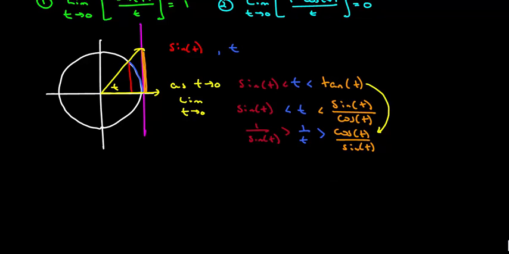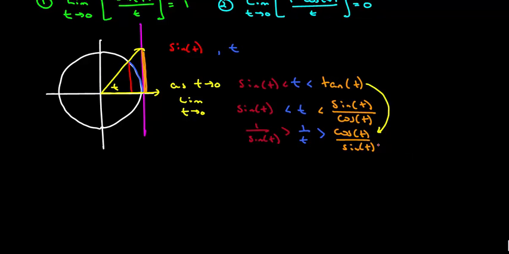Now what I'm going to do is multiply everything by sine. Now I can do that because I'm taking the limit as t goes to 0. The only time sine of t is 0 is when t actually is 0, but I'm going to take the limit here, so it's not going to be an issue.